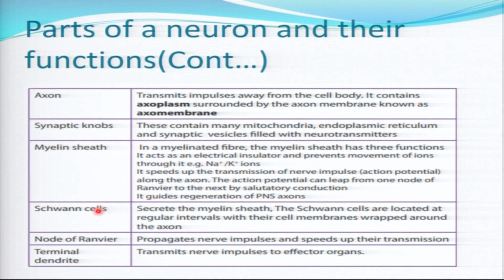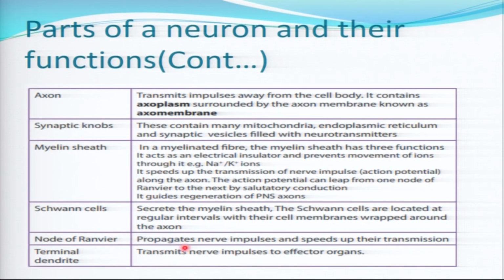We have also what you call Schwann cells. Schwann cells are the ones that secrete this myelin sheath. Schwann cells are located at regular intervals along the membranes. So the role of Schwann cell is to secrete the myelin sheath. We have now node of Ranvier.